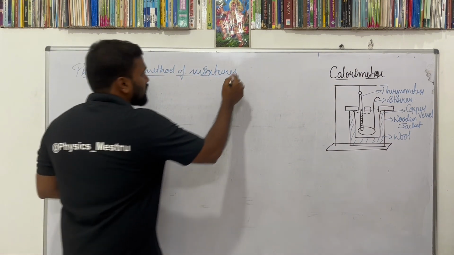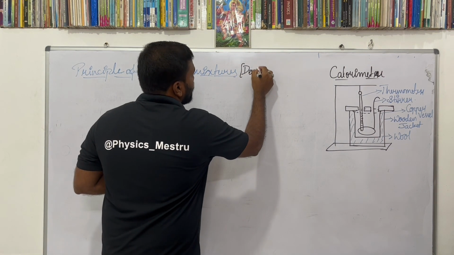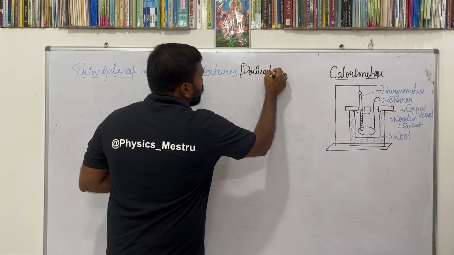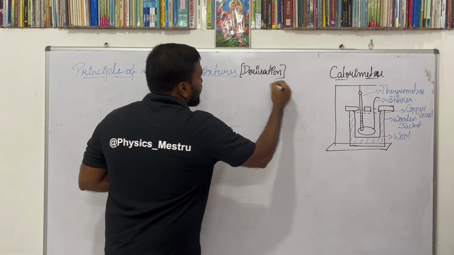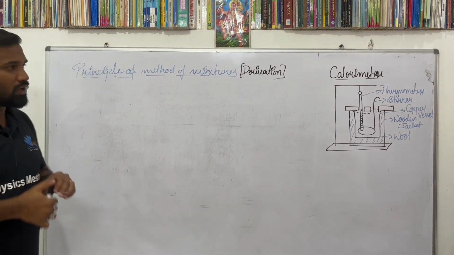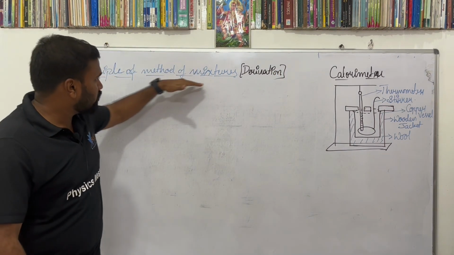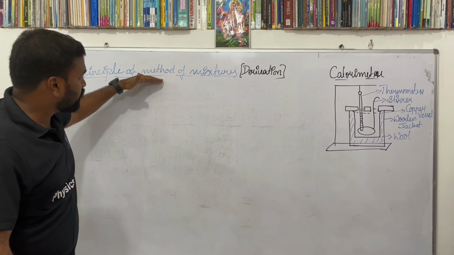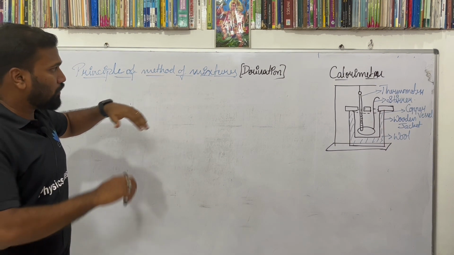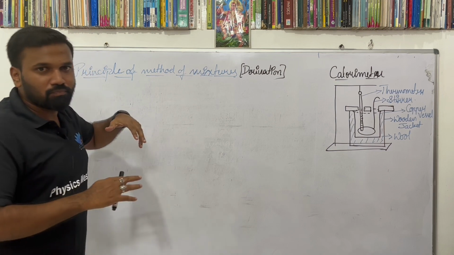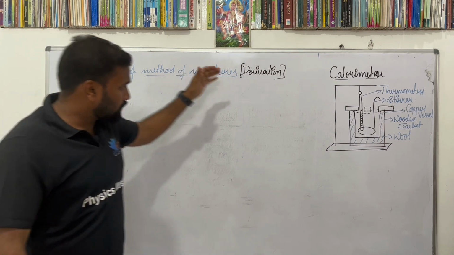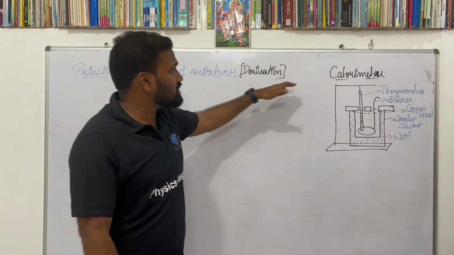To get that derivation, we need to know about a device called a calorimeter. Here we need to do some experiment. While doing this experiment, we cannot do it in an open environment. So we need some device, and the device is called what?